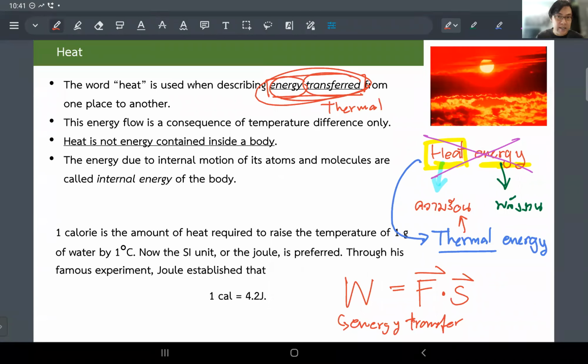Does that make sense? All right, but now we're going to include that in our consideration. That is another kind of energy transfer, due to the mismatch of temperature between two bodies. And this one is the thermal effect. What you did back here is purely mechanical effect. And once you combine this heat and work, that is thermodynamics.